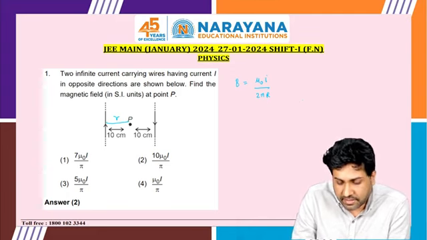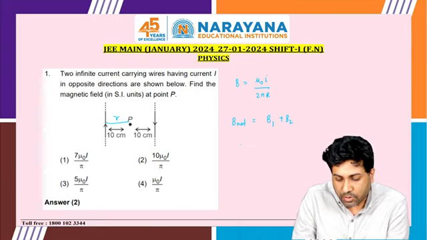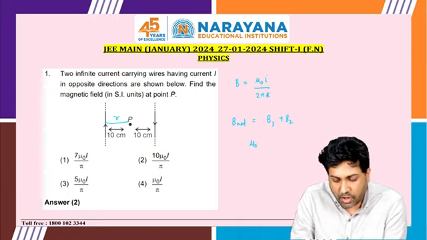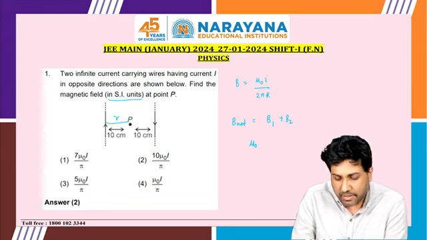So I will write the net field B net is equal to the field due to the first wire plus the field due to the second wire. So I will write mu naught I by 2 pi r, and remember they have asked in SI unit, so I have to convert centimeter into meters.